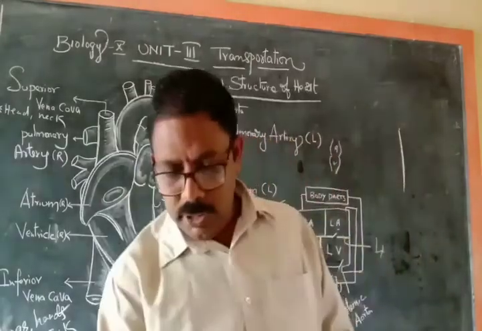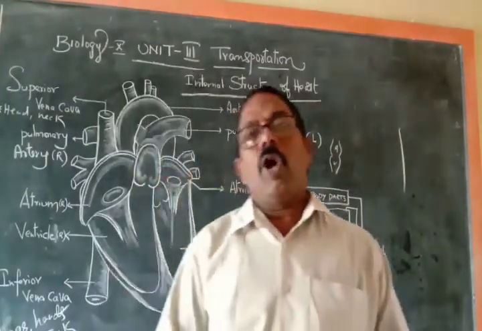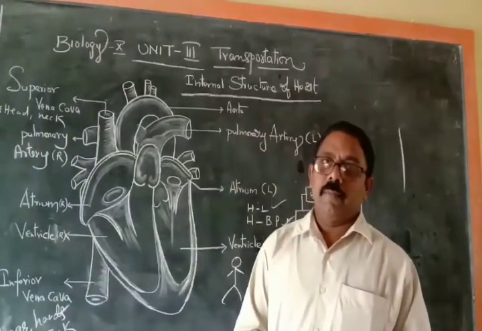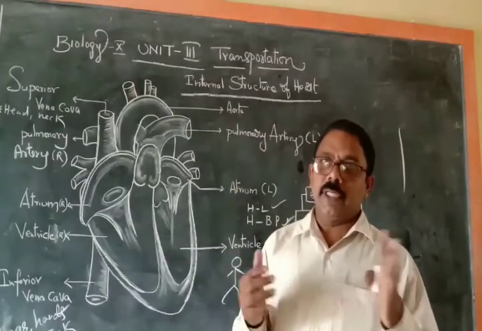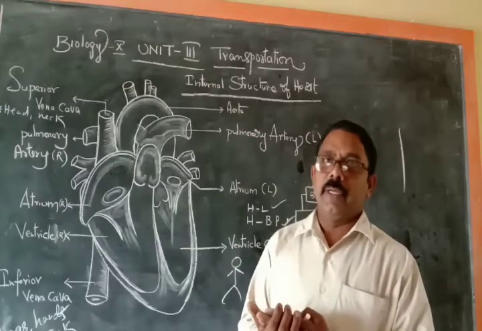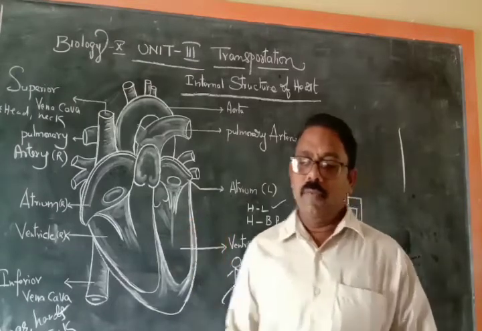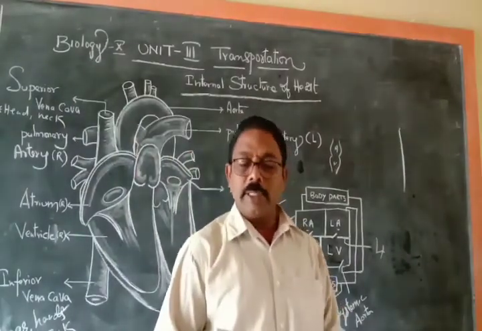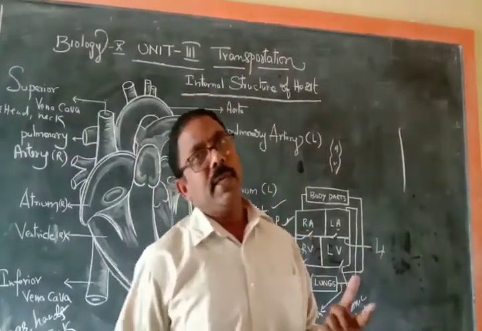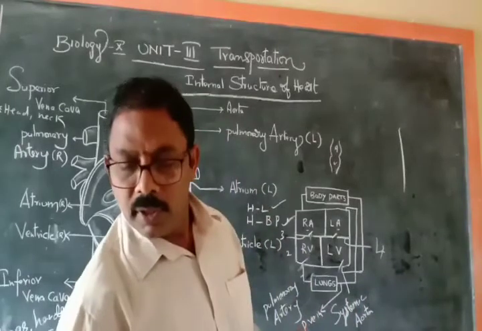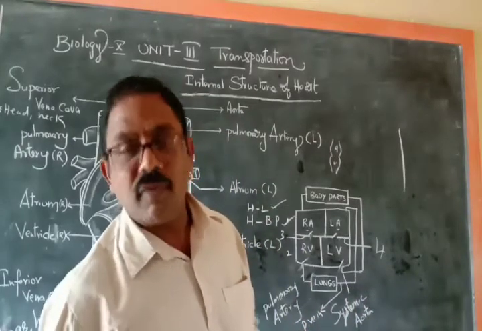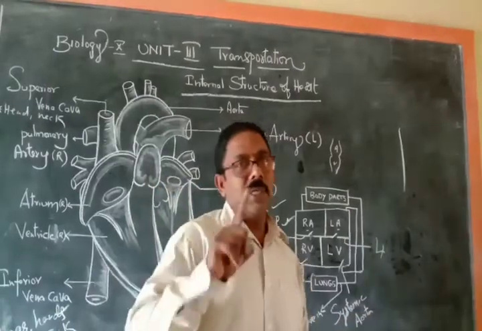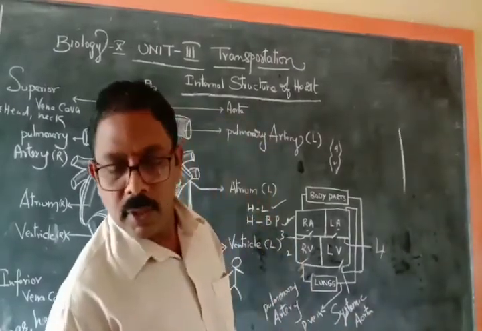Did you understand easily, my dear boys and girls? Heartbeat is not equal in all organisms. Different organisms have different heartbeats. For example, the heartbeat of a blue whale is only 7 times per minute, an elephant 46 times, and human beings 76 times.